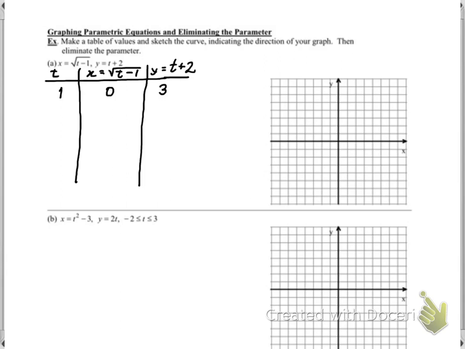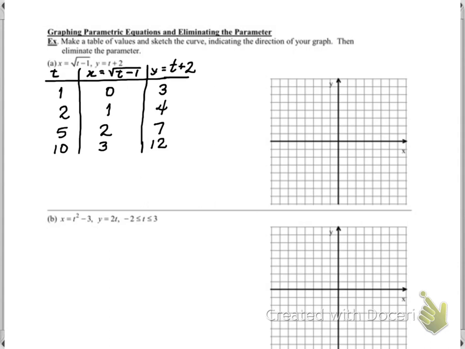Instead of simply solving for y in terms of x to graph it, it is easier to solve for x using t and y using t. To do so, you want to use easy values. Notice how every number on this table simplifies in the x equation easily.